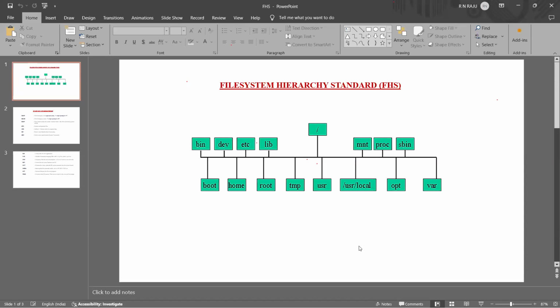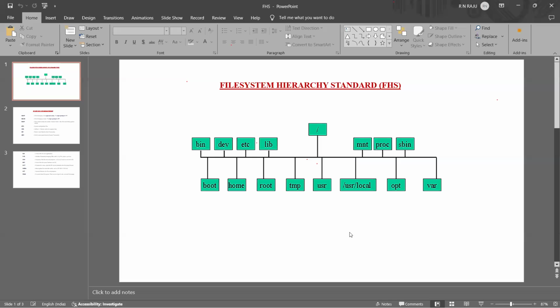Remember, these are all actually directories. Everything is about directories. Don't get confused: Windows people call them folders, and Unix and Linux environment people call them directories. So in a Linux environment, please call them directories.